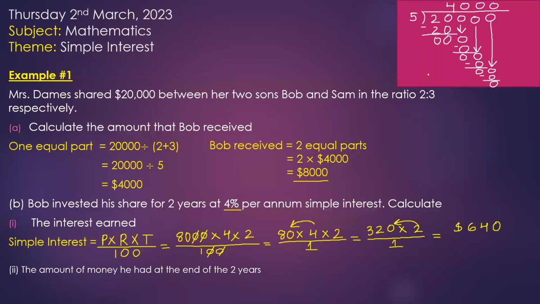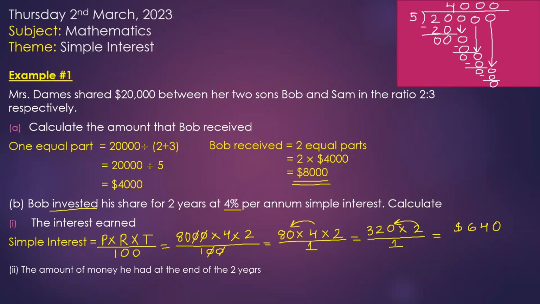He got from his teams $8,000, right? What did he do with this $8,000? Well, he invested it, right? So when he invested it, he has to get something in return. So what did he get in return? The 4% interest, the $640. So altogether, at the end of 2 years, how much is he going to have?